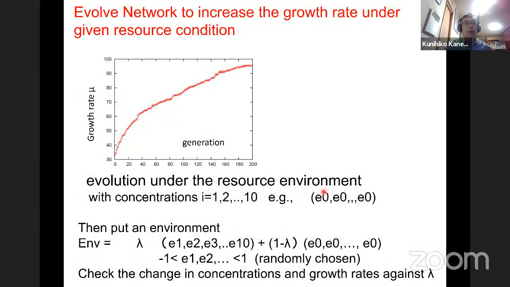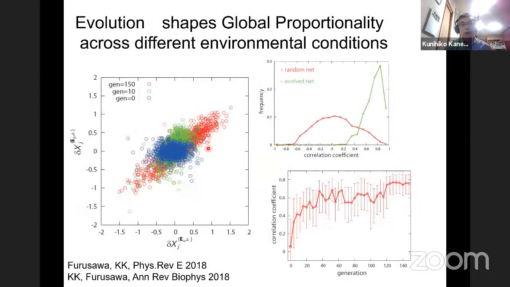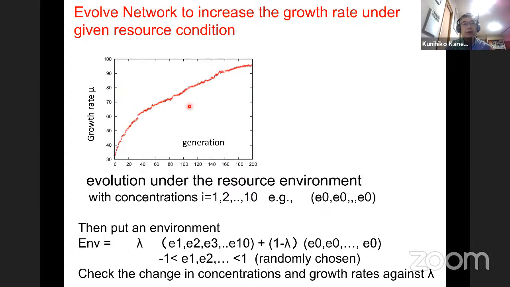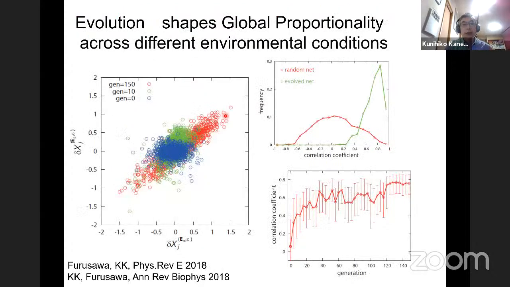So there are 1,000 points here. And what we plot here is after generation 150, so after evolution occurs, delta Xj E and delta Xj E prime follow roughly a single proportionality coefficient relationship.